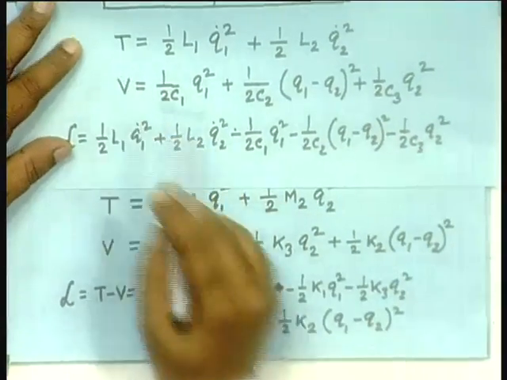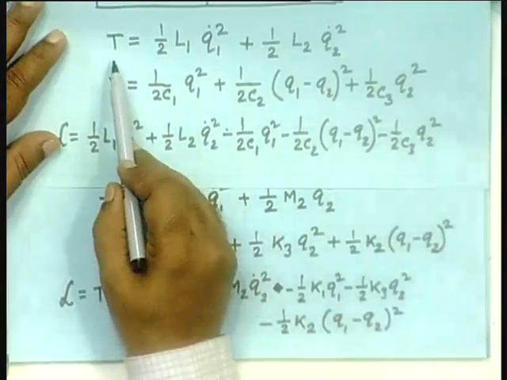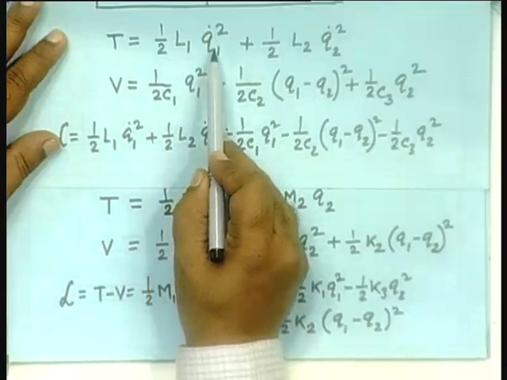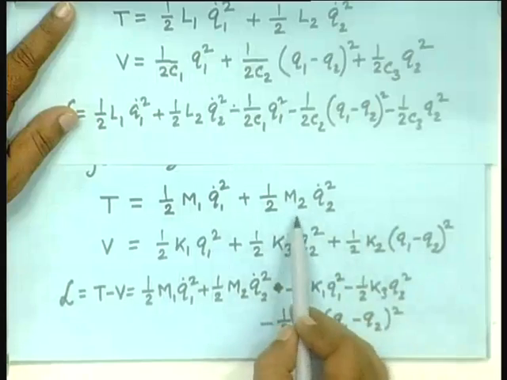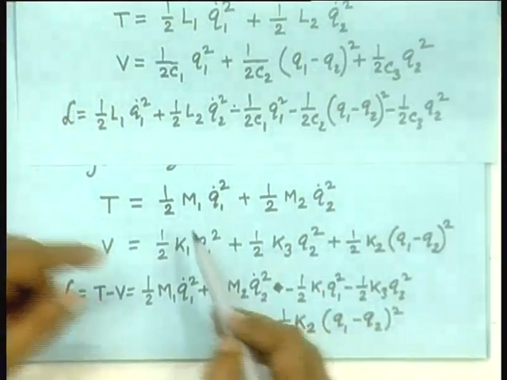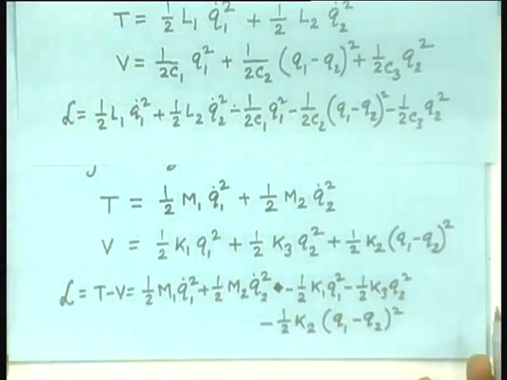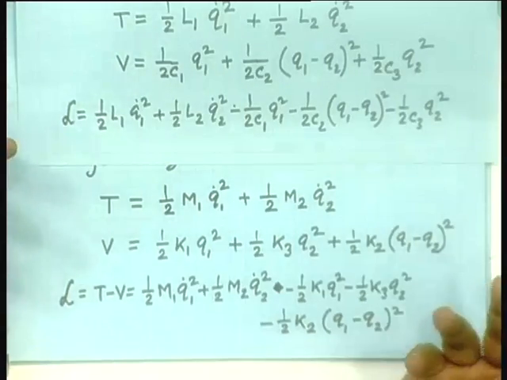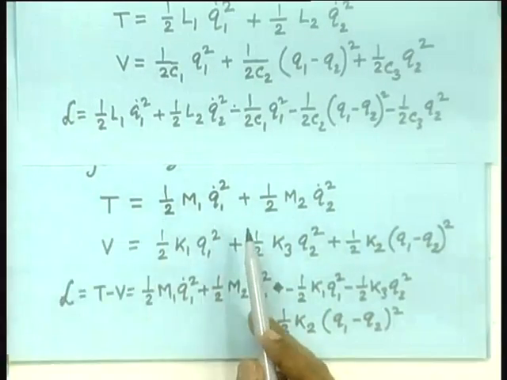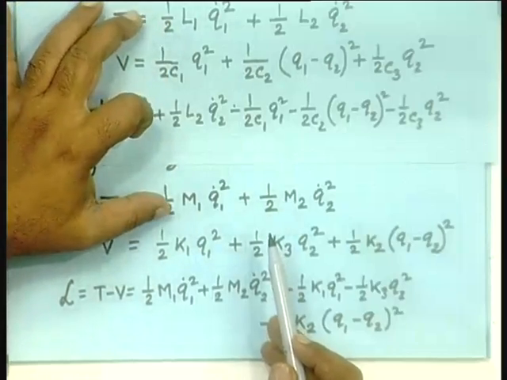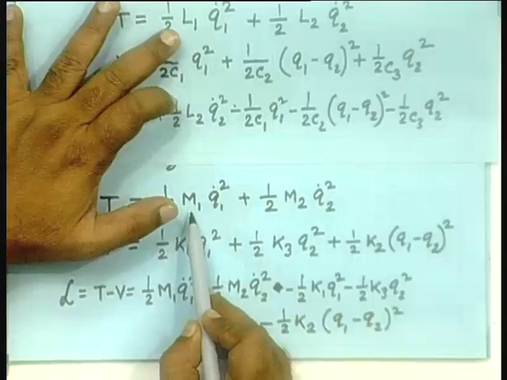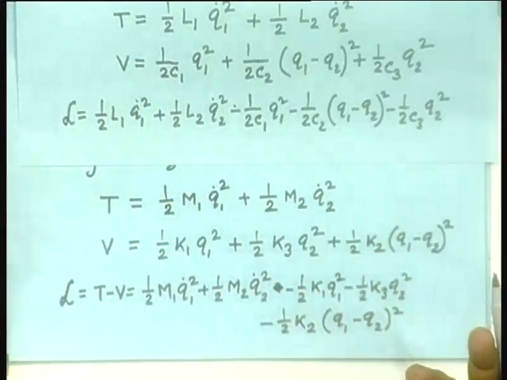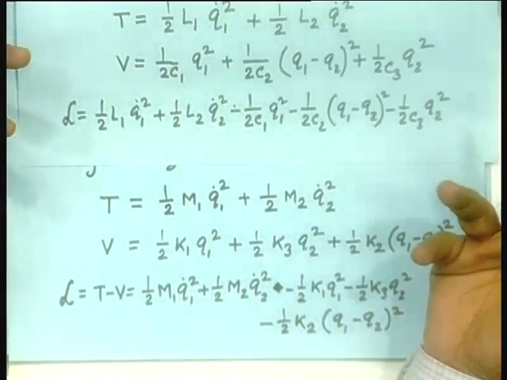See, here my T is half L1 Q1 dot square, half M1 Q1 dot square, half L2 Q2 dot square, half M2 Q2 dot square, exactly the same, only M and L are interchanged. Therefore, the kinetic energy in these cases not only are conceptually the same, even in magnitude they are the same, provided that you are expressing M and L in the same quantities, whatever the units are.